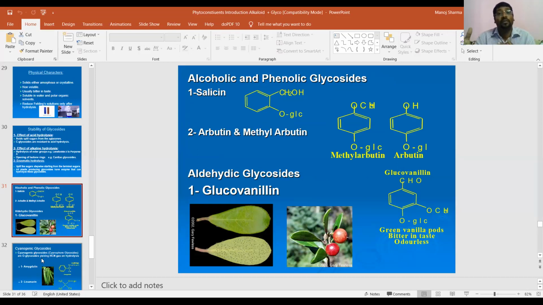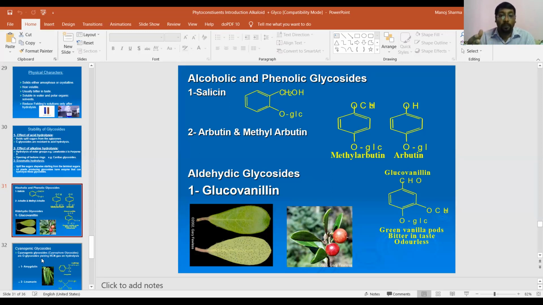Now we have NSAIDs, non-steroidal anti-inflammatory drugs, which are derived from salicylic acid itself. Salicylic acid was initially pointed out in plants, and you can see the structure of salicin that is present in Salix bark, an alcoholic and phenolic glycoside, right?